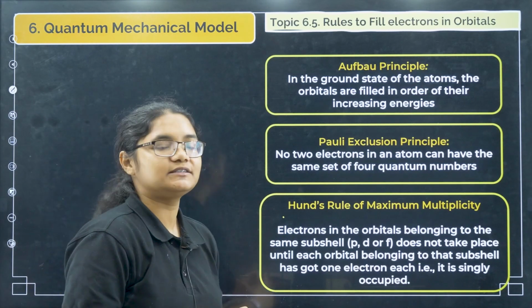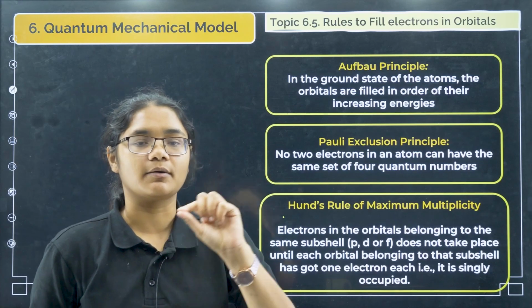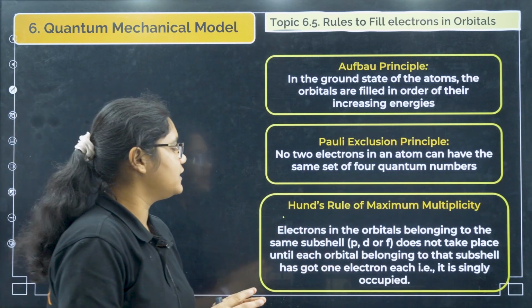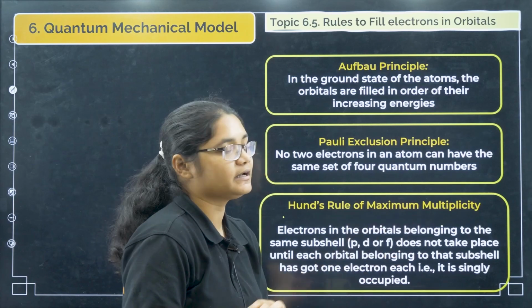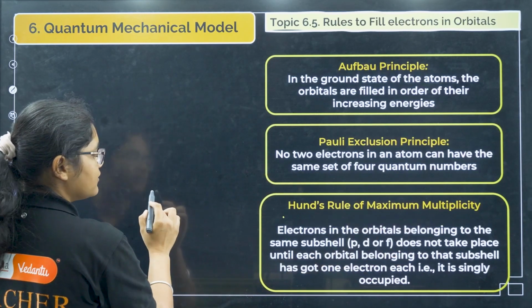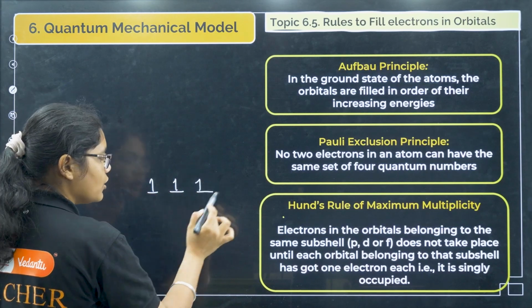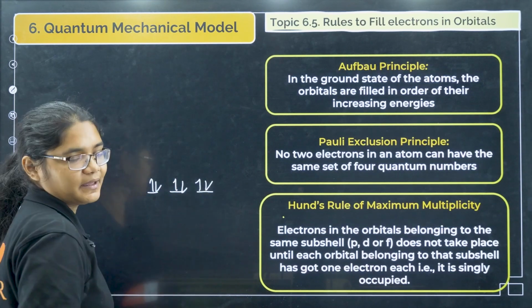Pauli's exclusion principle says that for two electrons, all four quantum numbers cannot be the same. The last rule, Hund's rule of maximum multiplicity, says that if I have orbitals of the same energy, then electrons should first be given to all the orbitals, and only after that should we have pairing.